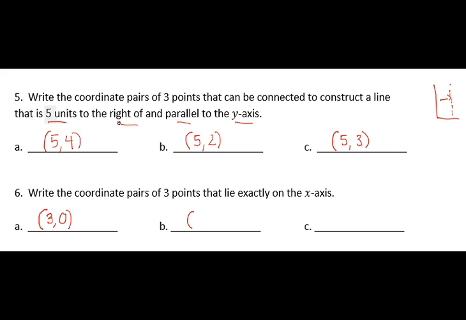Or I could travel over 5 units, and again I would not travel up the y-axis. And finally, I could travel over 4 units, and I would not travel vertically along the y-axis. So those are 3 points that would lie exactly on the x-axis.